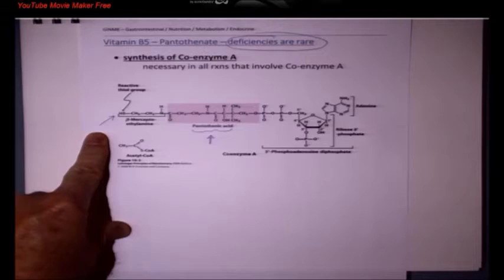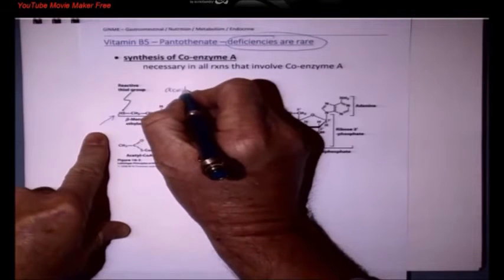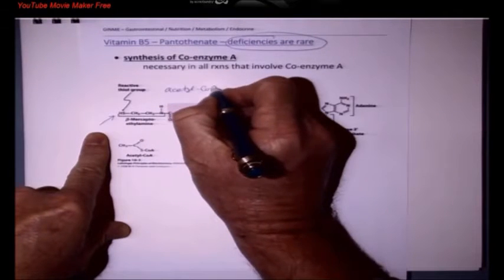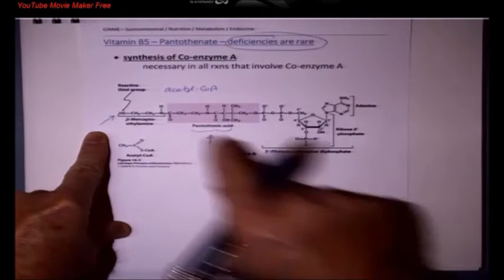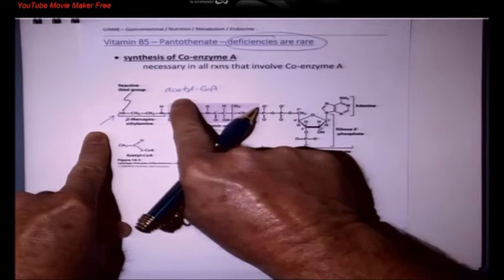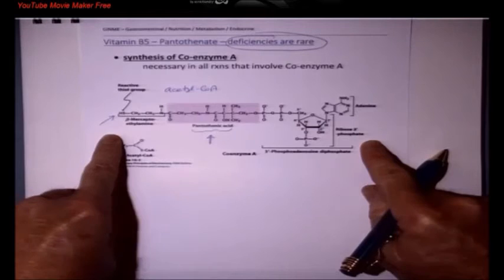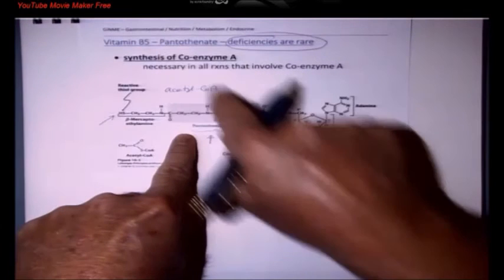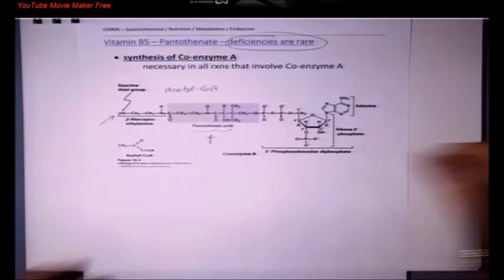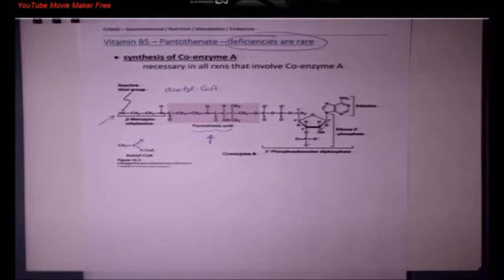So when we draw acetyl-CoA, the acetyl portion is very, very tiny compared to the CoA. And in that CoA, we require pantothenate in order to construct the coenzyme A. So even though it's a rare deficiency, what would the symptoms be?